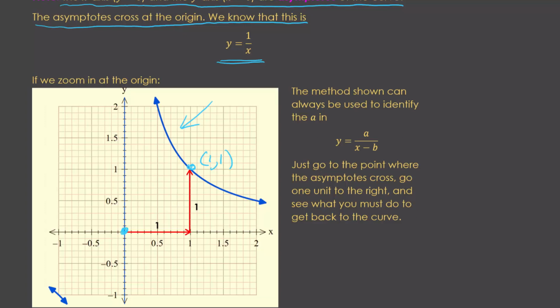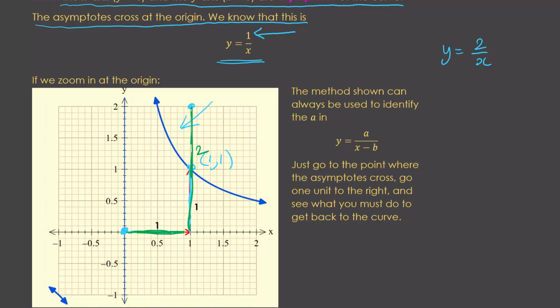If you go to where the asymptotes cross and go 1 unit across, and then see what you need to do to get to the curve, in this case we go 1 unit up, it gives you the value 1. So if we'd had y equals 2 over x, that would have actually gone through the point 1, 2 here, and then by going 1 unit to the right from where the asymptotes cross, we'd have had to go up 2 units.